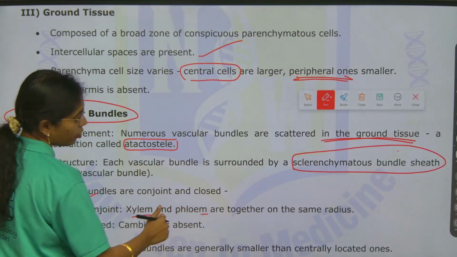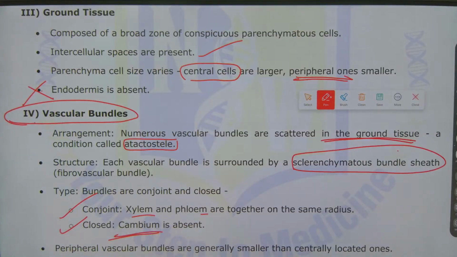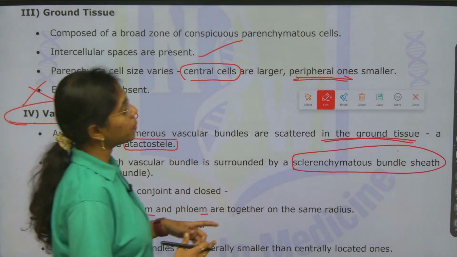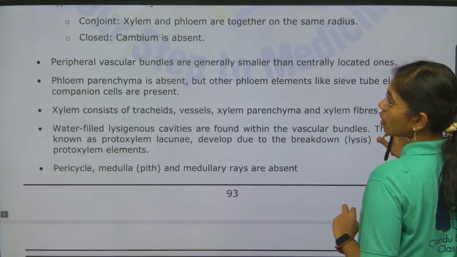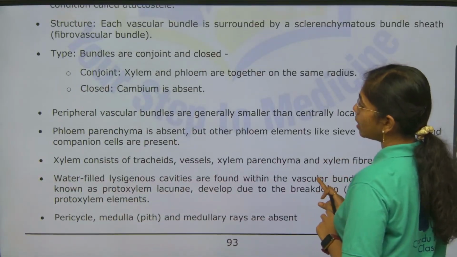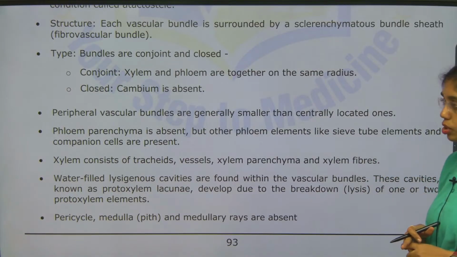Conjoined where xylem and phloem are at the same radius. Closed, cambium is absent. Next you see, peripheral vascular bundles are arranged in the smaller size and centrally located will be larger ones.